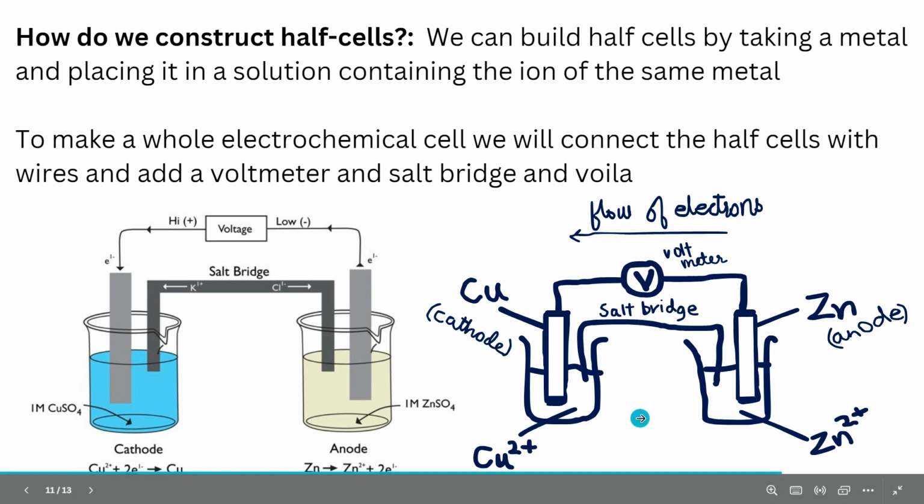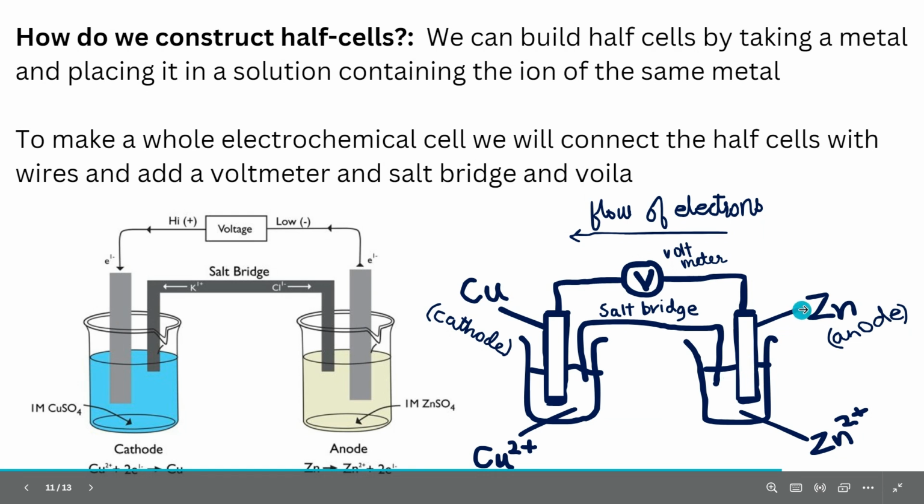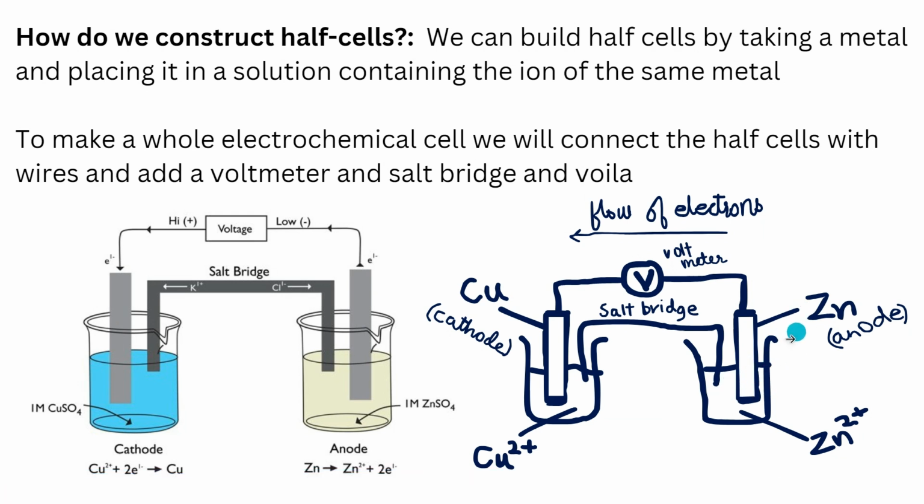Again, as we studied, the one with the more positive electrode potential value gets reduced and the one with the more negative electrode potential value gets oxidized. So zinc here gets oxidized, which means the electrode dissolves to produce ions, and we produce electrons which flow from here to here.